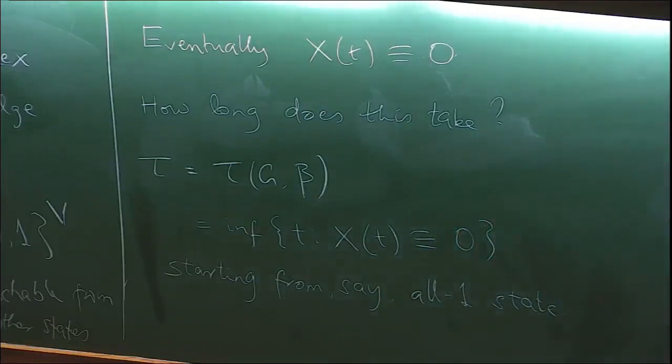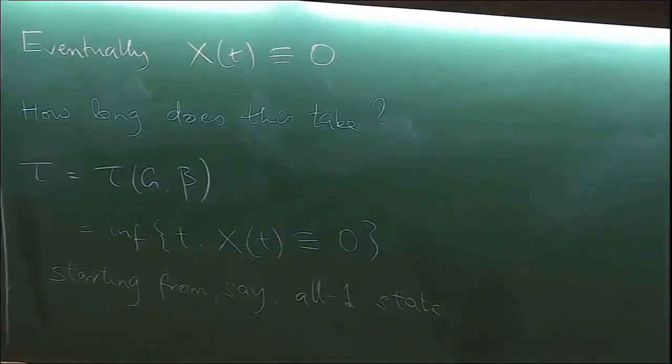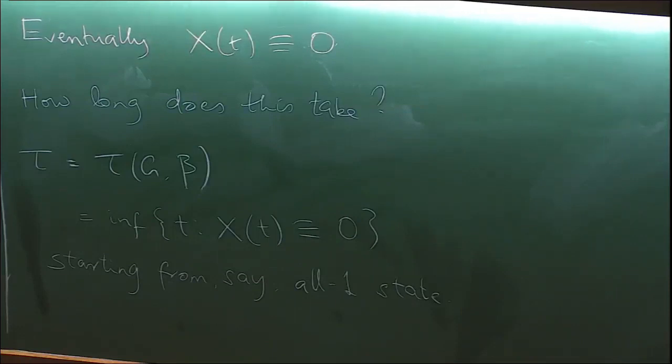And then we ask how long it takes until the chain becomes absorbed. That's the worst case. Yeah, there is monotonicity here. If you start with more vertices infected, then you will stay infected for longer. At every future time, you will have the same property that more vertices are infected. Exactly, that's what I'm going to come to here.